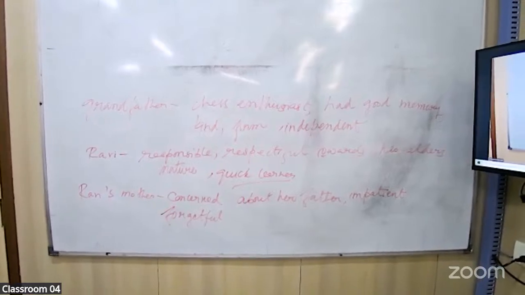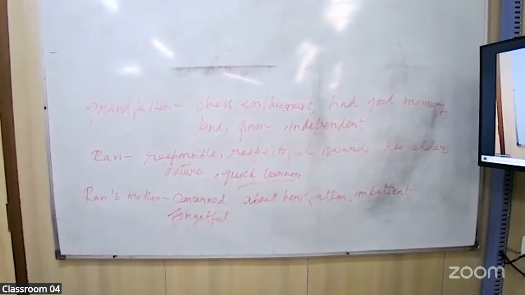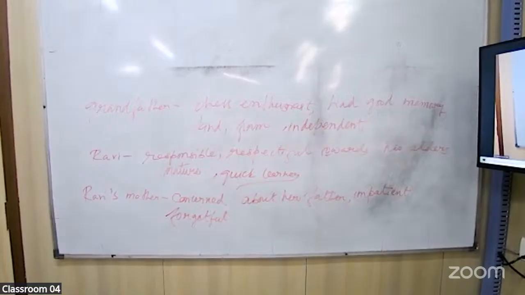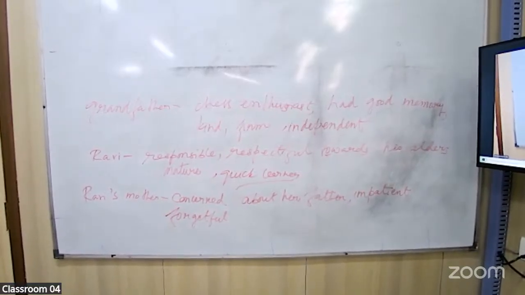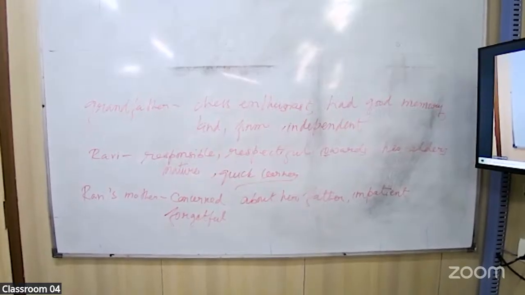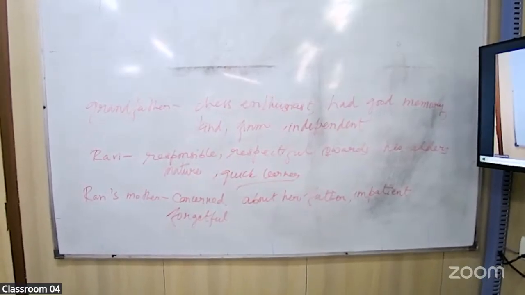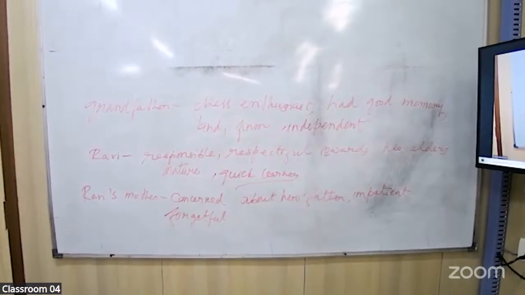That line suggests that grandfather came to know about it. So underline this line and write down question number 6. Was grandfather aware that Ravi was following him? Yes, he was aware.